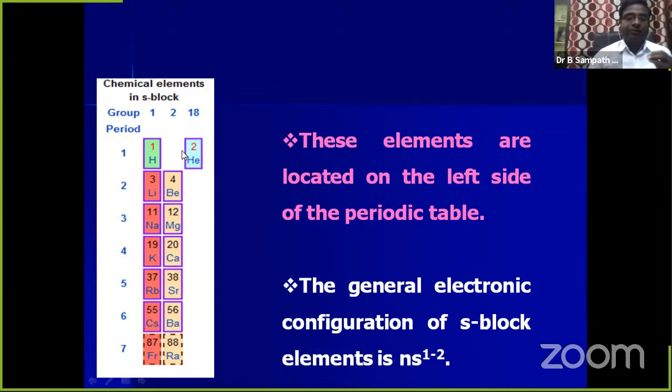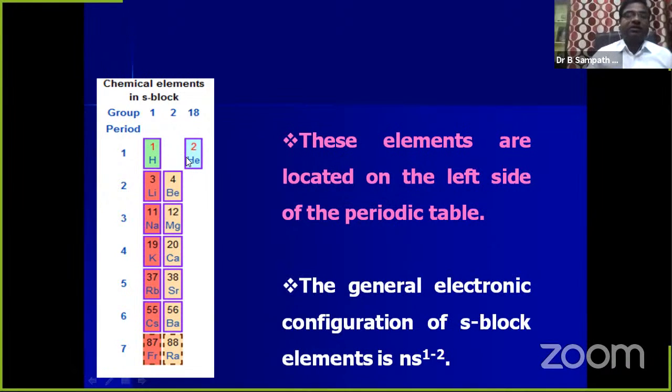Here, children, one more thing. Helium is actually kept in the 18th group, but it comes under s-block only, because if we observe the electronic configuration, helium is 1s2, meaning the last electron is entering the 1s orbital. That's why it is an s-block element.